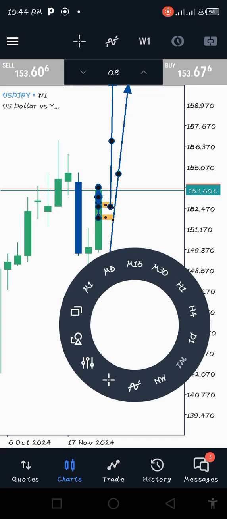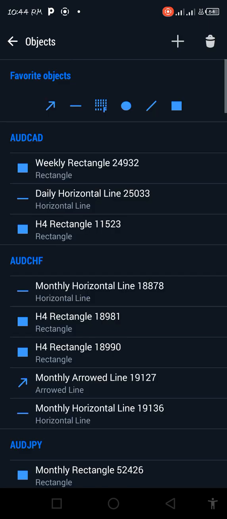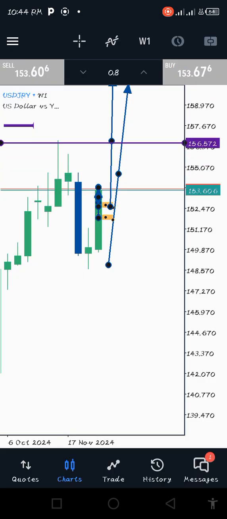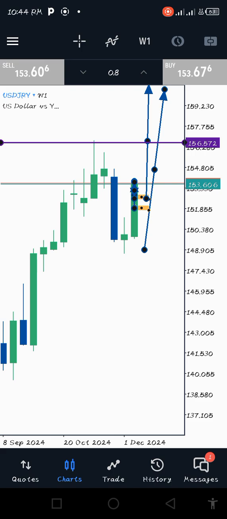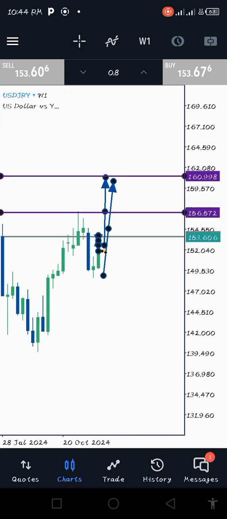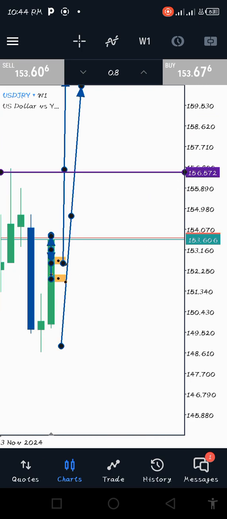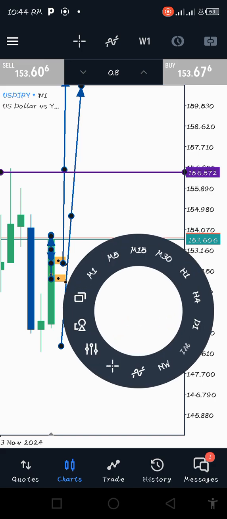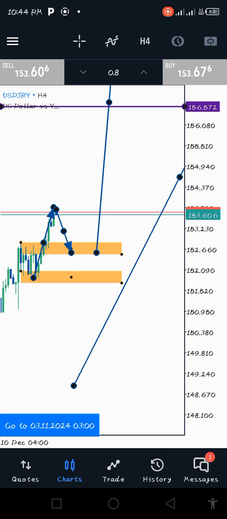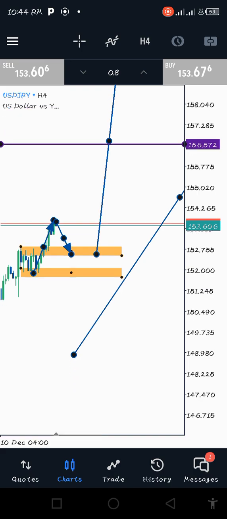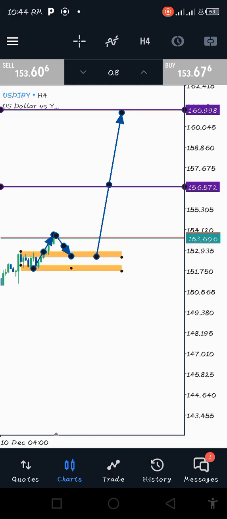Sorry. So our first TP can be on that zone and our final TP can be on the other line. Two TPs. Good. So we can go to the 4-hour time frame and wait for our setup to happen. Simple and clear.